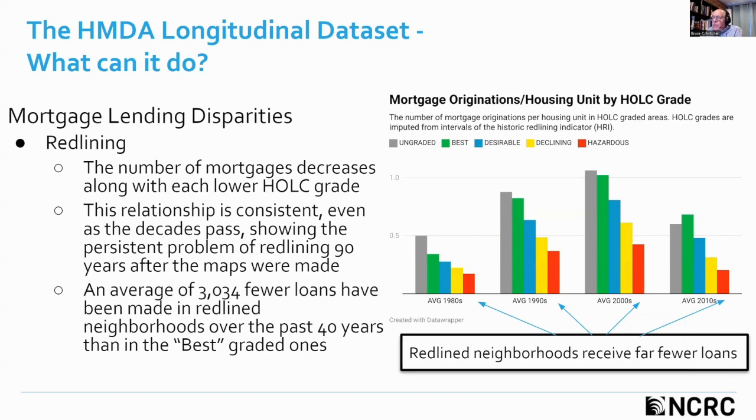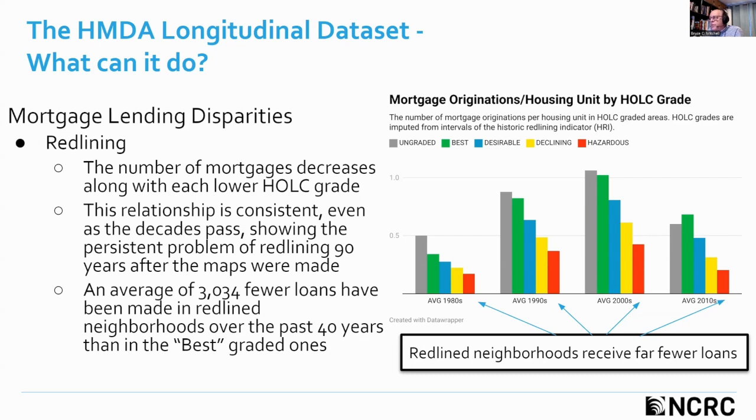Along with the dataset, we released a report, Decades of Disinvestment, in which we did an analysis of mortgage lending and the HOLC graded neighborhoods. What you can see over to the right is a histogram displaying decade by decade the lending from the 1980s up through the 2010s on a national level to ungraded areas in the gray, and then each subsequent HOLC grading level going from green to blue to yellow to the redlined hazardous areas.